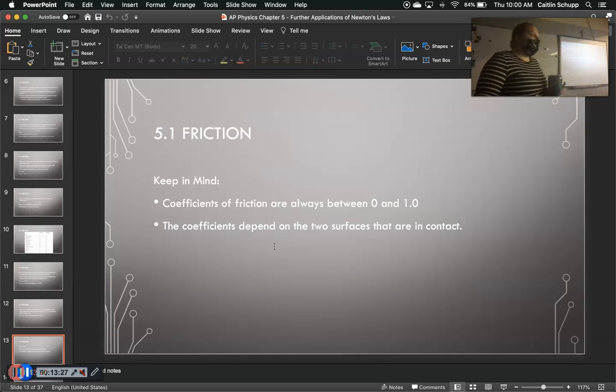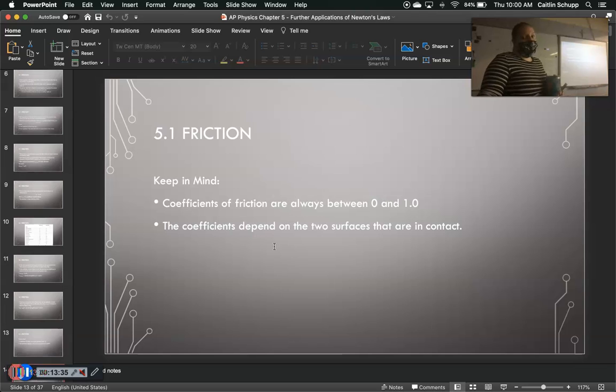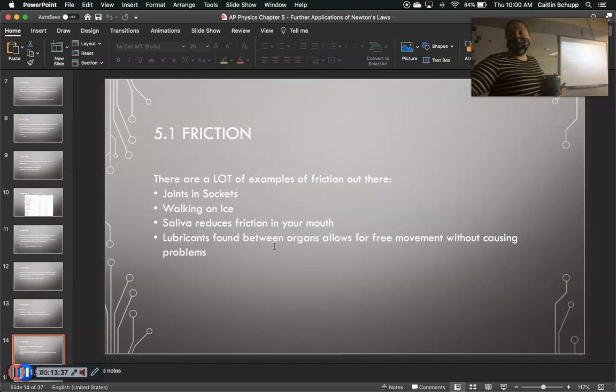Wheels on road versus wheels on ice. That's a fun one. We will do that problem. Always good to remind you in the winter to drive slow. Okay, so there are lots of different examples of frictional surfaces and interactions that are going to be pretty important.